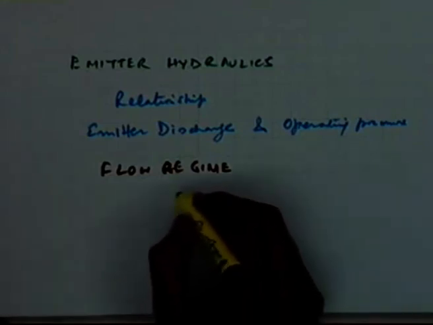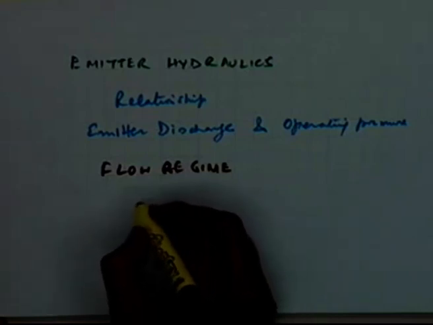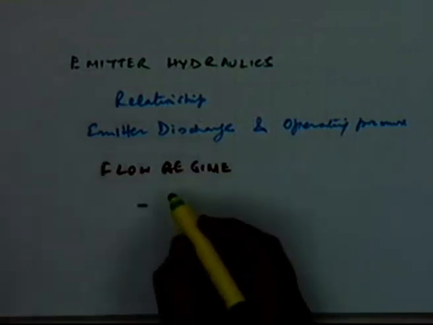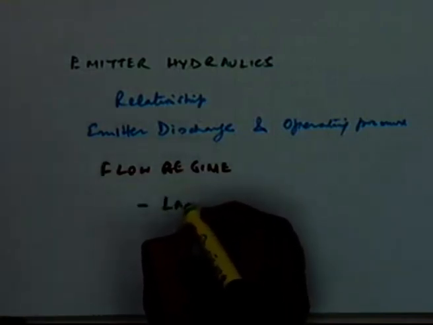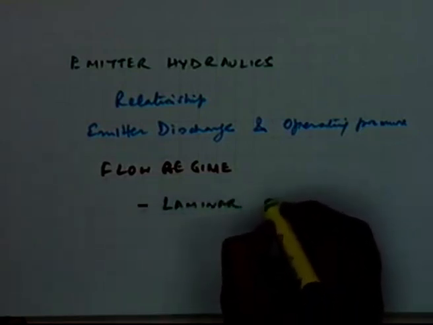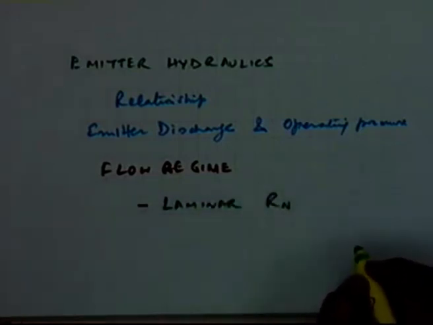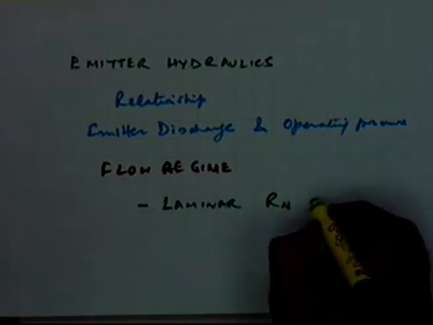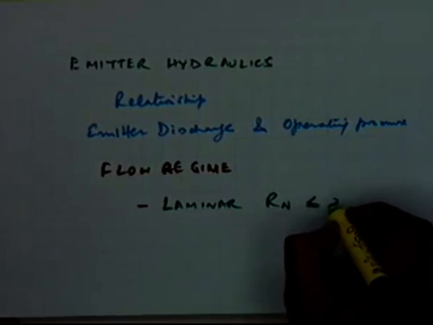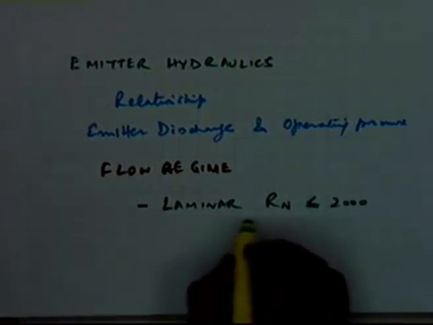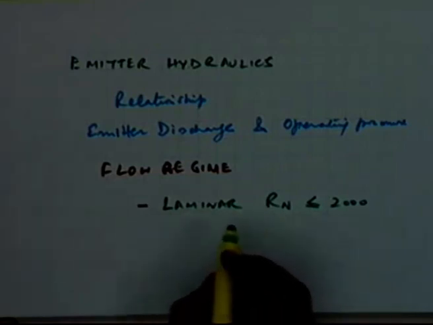So the flow regimes are laminar. This we have already gone through. Depending on the Reynolds number, we'll define the Reynolds number once again. If the Reynolds number is less than 2000, the flow regime is known to be laminar.